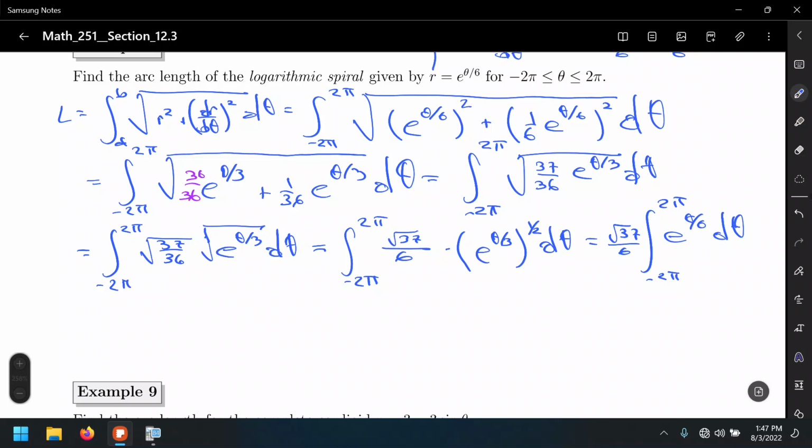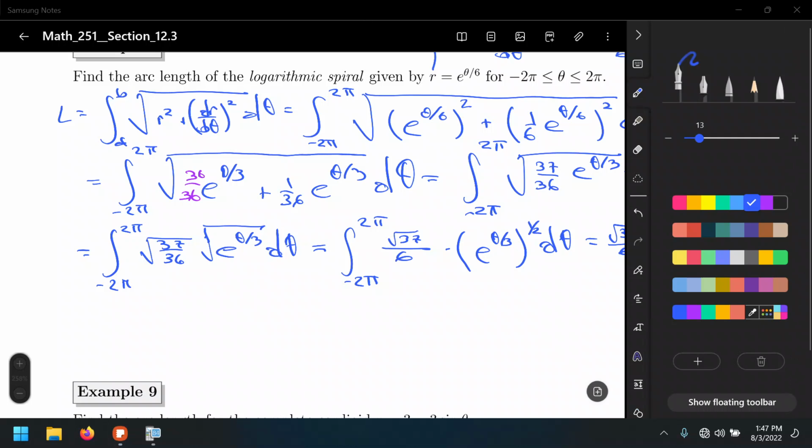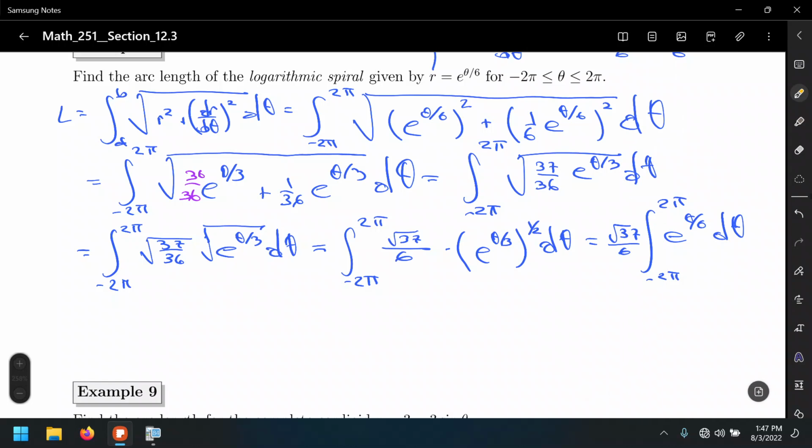Let me see what's in my notes. For the u substitution part, u equals theta over 6, du equals 1/6 d theta, and d theta equals 6 du.